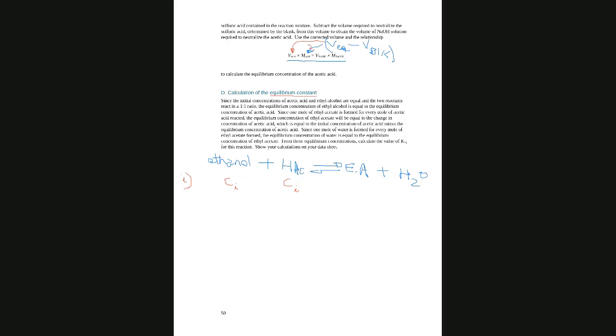ICE stands for initial, change, equilibrium. What is the change? Once I add the sulfuric acid and I heat the reaction for an hour and a half, it reaches equilibrium. What does that mean? I lost part of the initial concentration of ethanol, because it reacted with the acetic acid to form the ester.